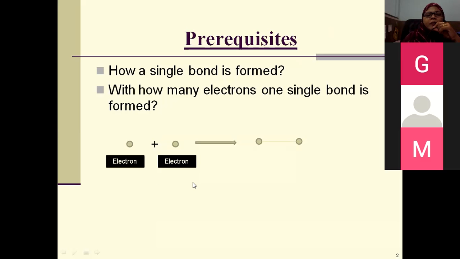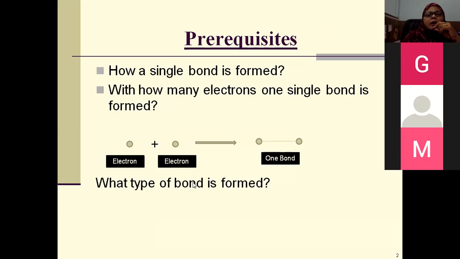Covalent, yes, because it is formed by sharing of electrons. But is it a sigma bond or a pi bond? Sigma bond, yes. So in a single bond, one sigma bond exists.